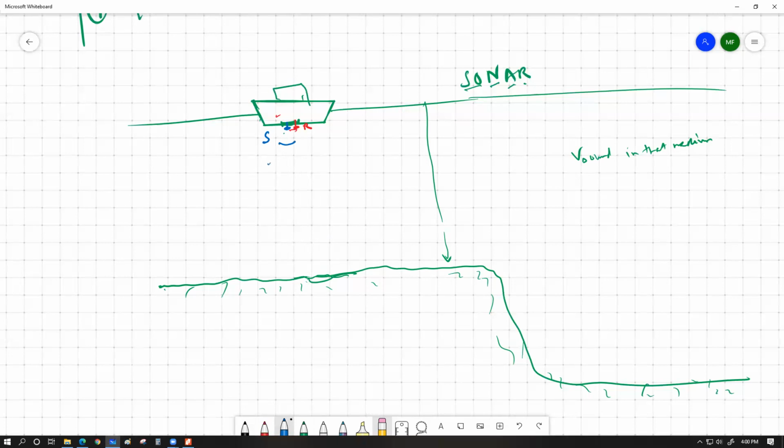As it goes down, it's definitely going to spread out. It's going to reflect off the bottom of the sea, and eventually reflect back to the boat. As a result, a very small fraction of the sent out energy will actually be received as the reflection or echo.